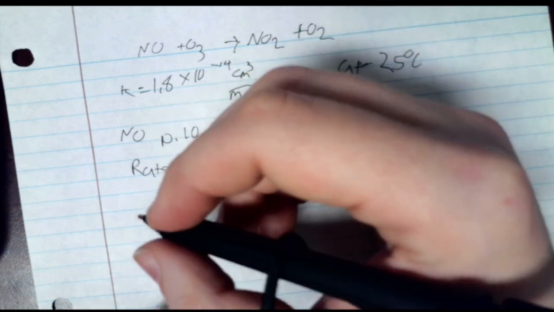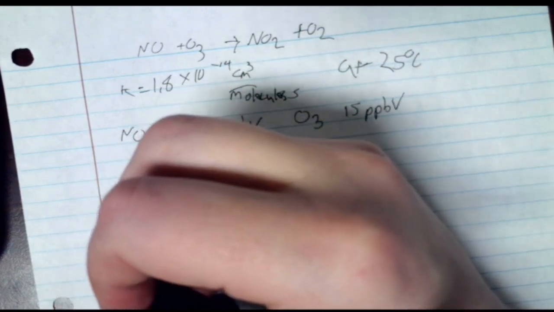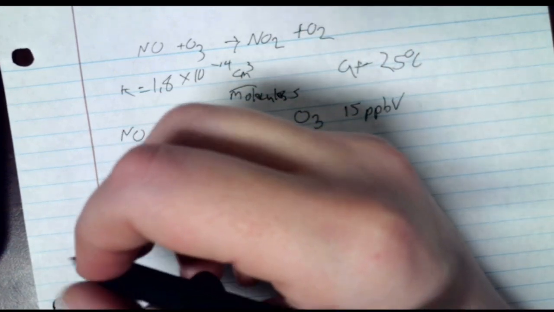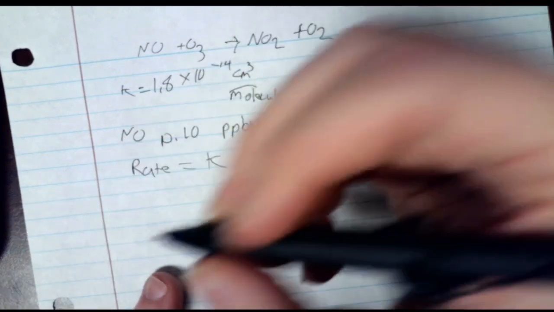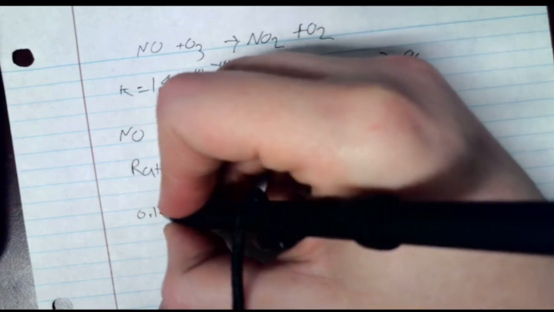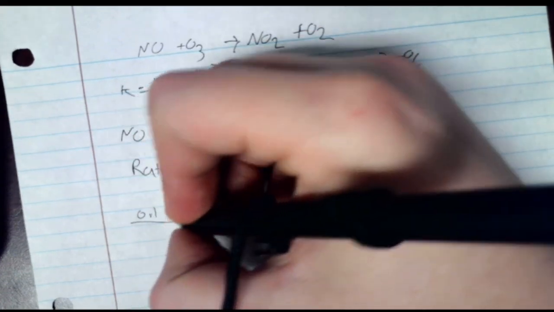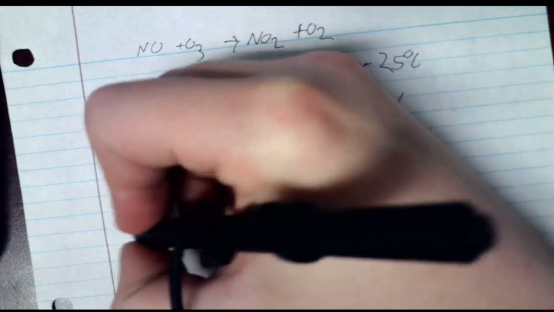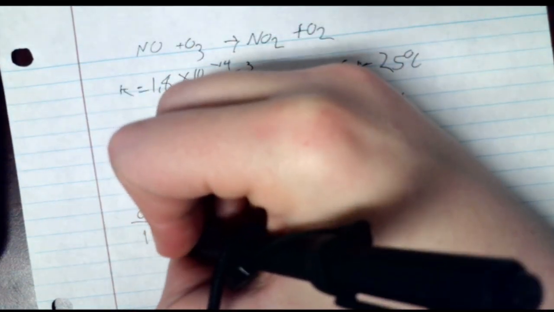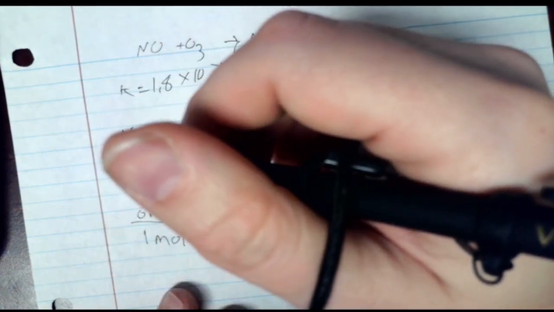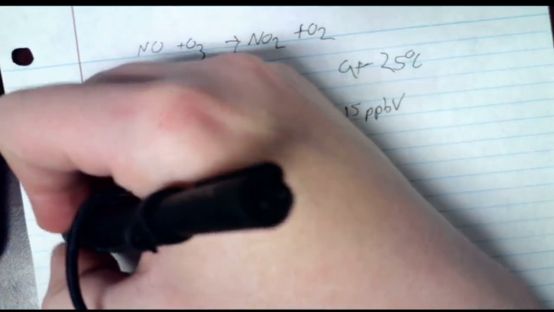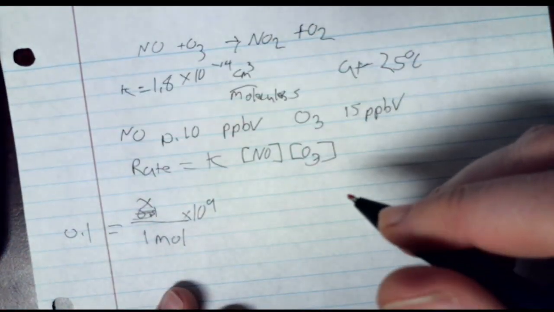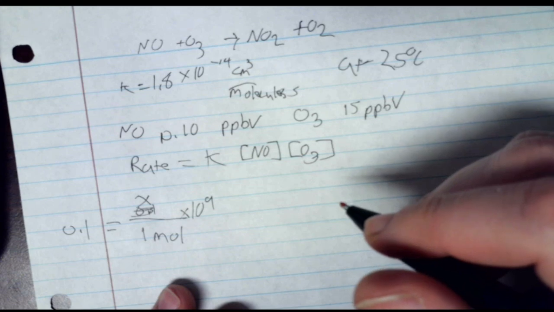So we need to do some quick calculations. ppbV is moles per mole total times 10 to the 9th. So 0.1 ppbV would be 0.1 times 10 to the 9th over 1 mole.